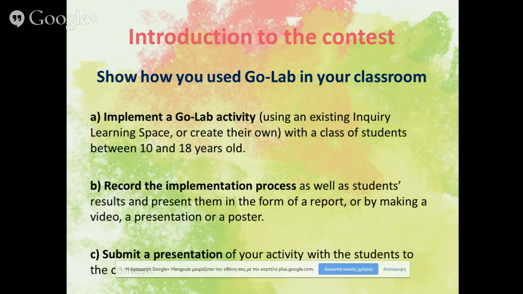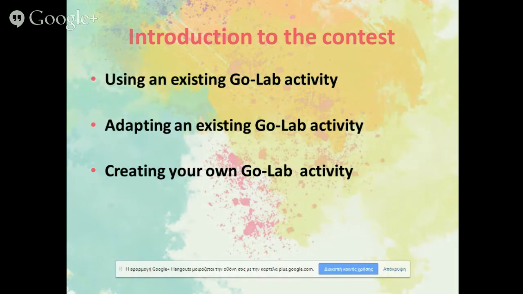So I'm going to show you a few things about that. When I'm talking about a GoLab activity, you don't necessarily have to create an activity from scratch. You can go to the GoLab repository and use an existing activity as it is. You can select an activity that exists and adapt it and use it like that.